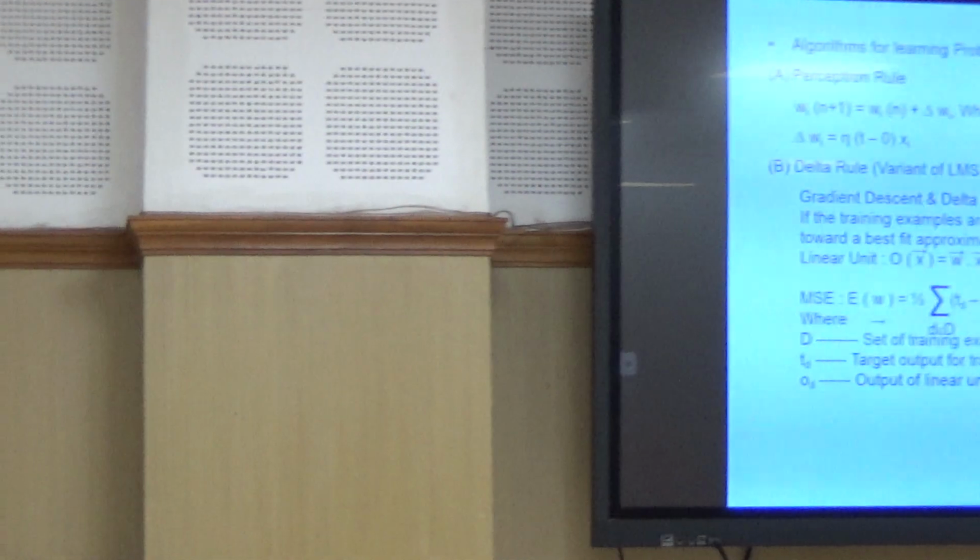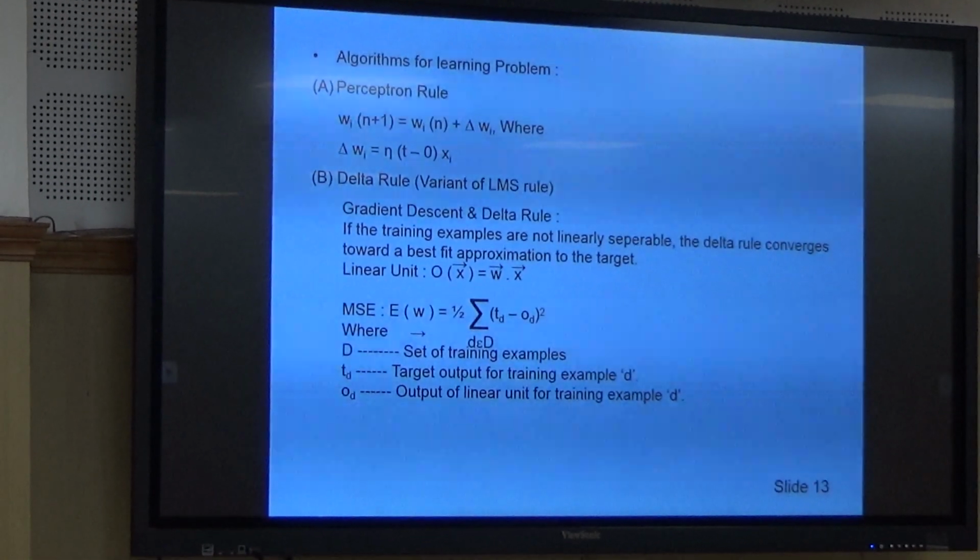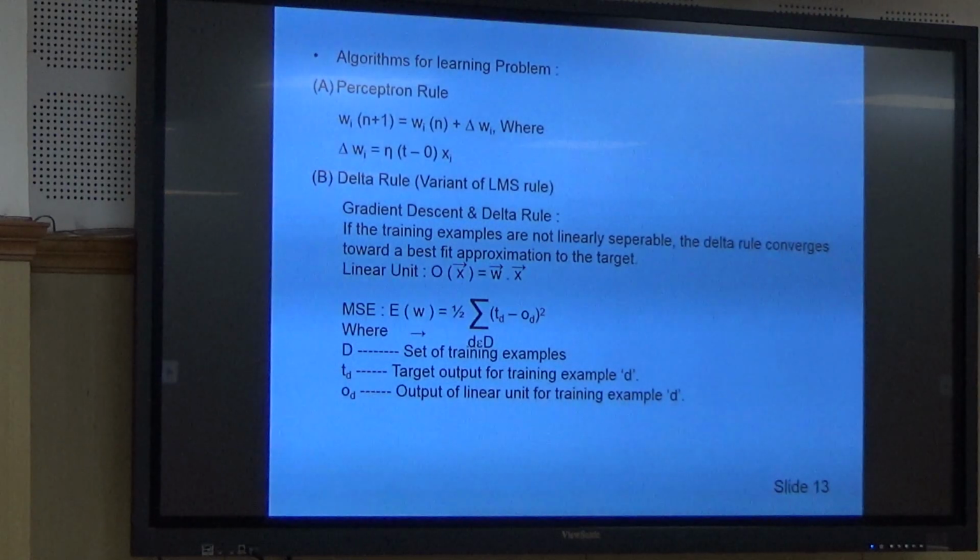There is a reason for it, and most of you know that suppose the error on the first, t1 minus o1, is plus 5, and t2 minus o2 is minus 5. When we just simply add them, you get 0. But there is error in the first training example, there is error in the second training example.